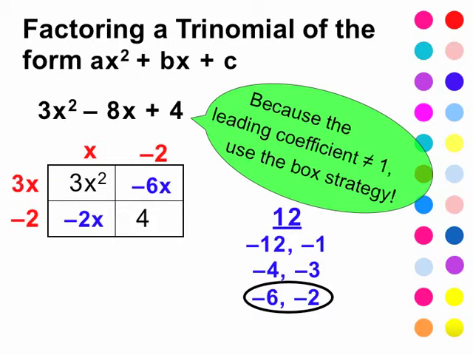And now I'm finished. I just write those red terms as binomials and make sure you check by multiplication that these factors are correct. And so that's when the leading coefficient of the trinomial is other than 1.